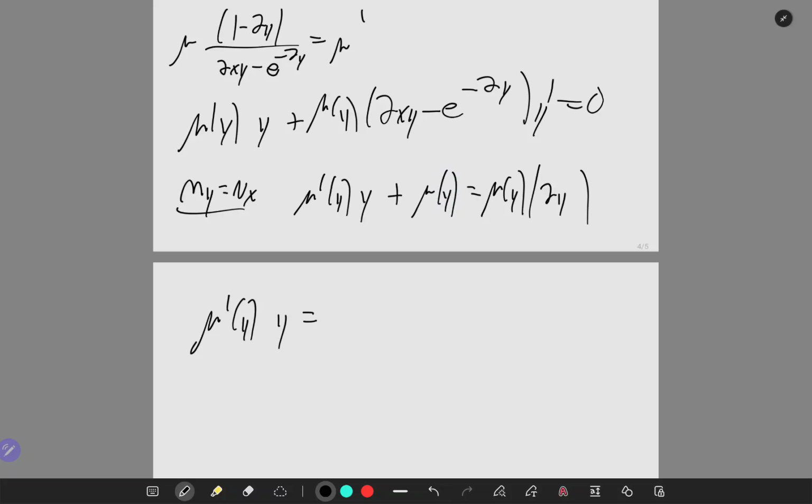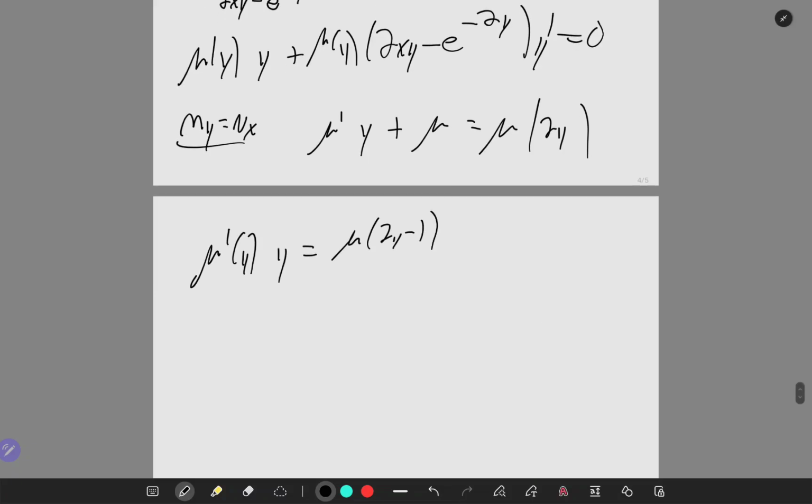I'm getting confused by these, so let me rewrite this as mu prime, mu, and this is just mu. Yeah, that's 2y minus 1. So we're left with 2y minus 1 if I move that mu over, and then we can simplify this to the form that we want.